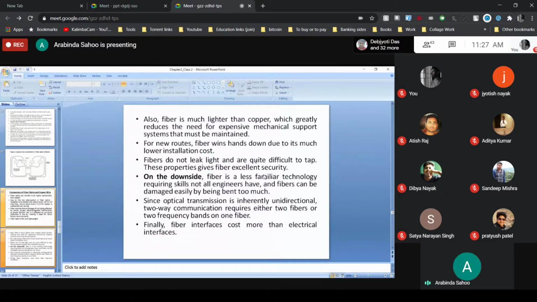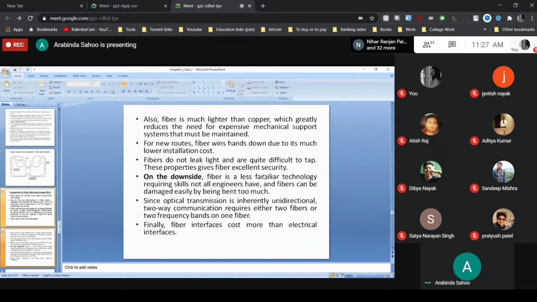Number one, to install fiber optics, skilled personnel are necessary, which is not the case for copper wire installation. The first disadvantage is that fiber optics needs expert personnel to install it. Number two is fiber can be damaged easily. That is the second disadvantage associated with fiber optics.